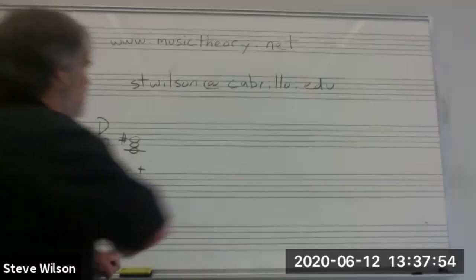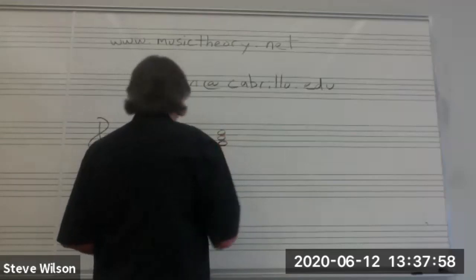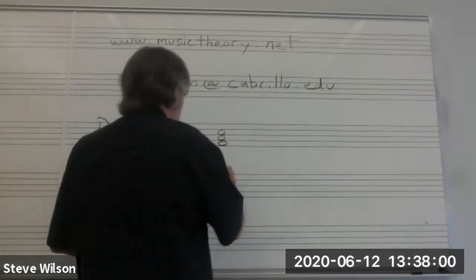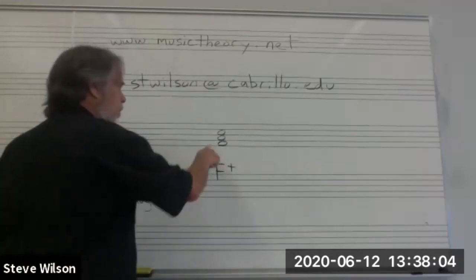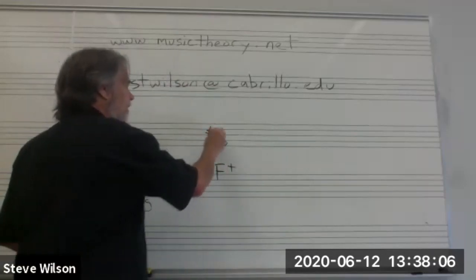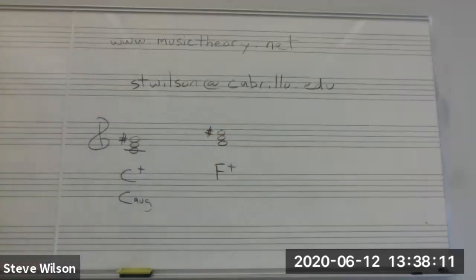So if I wanted an F augmented triad, I would probably use the F, A, C sharp: 1, 3, raise the fifth. That's an F augmented triad.